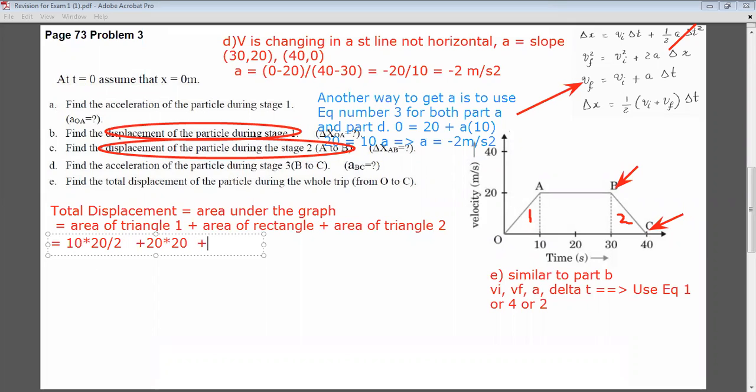Area of the last triangle is length times width divided by 2, so it's 10 times 20 divided by 2. Just calculate it and compare it to the case where we sum up the three displacements. Okay, let's move on.